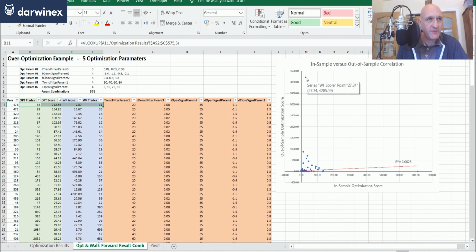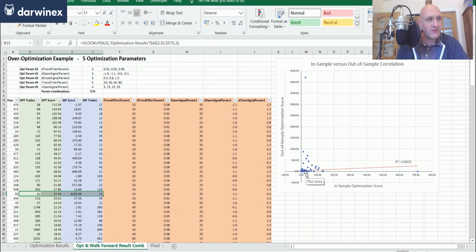And then we have this point here that did very well in the walk forward, but not so well in the optimization. And that's represented by this set of values down here on the left. So really, until we take these 2 outliers away, we won't get a true picture of what's happening for the vast majority of the points. So we'll do that in a moment.